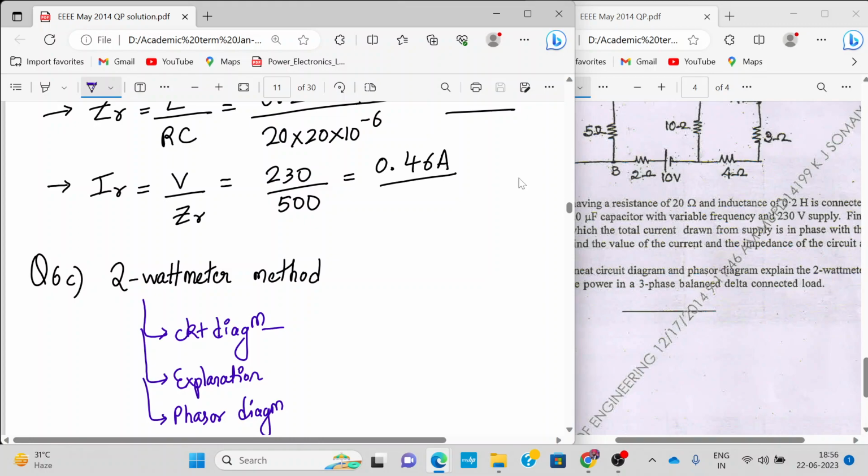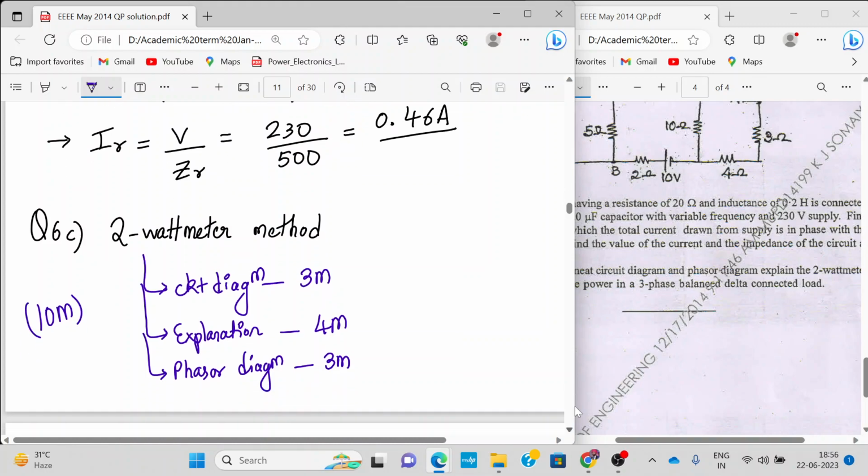The circuit diagram should carry around 3 marks, phasor diagram 3, and the explanation should be 4. This is the split up of marks if it is a 10 marks question. I'm just writing the marks, but you have to eventually write the answer in the exam.